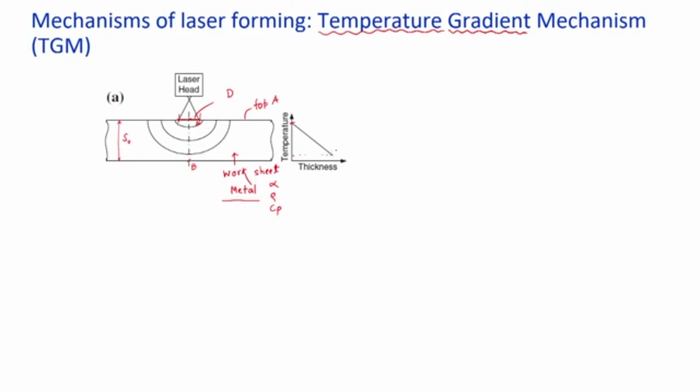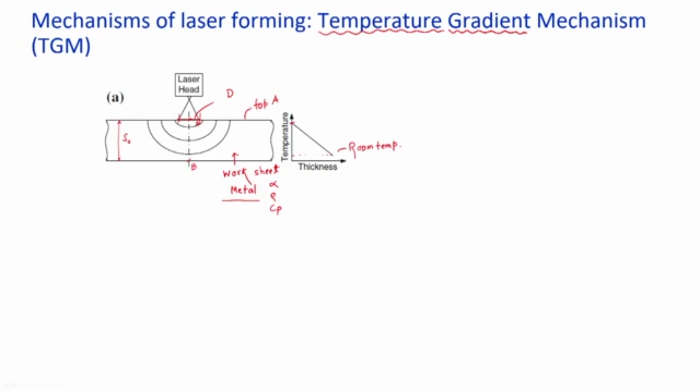This may be the room temperature. Now, here the concept is that there has to be the maximum possible difference between the temperature at point A and the temperature at point B, and when we are able to get the maximum difference, we are generating enough, or significant, bend angle during our laser forming operation.